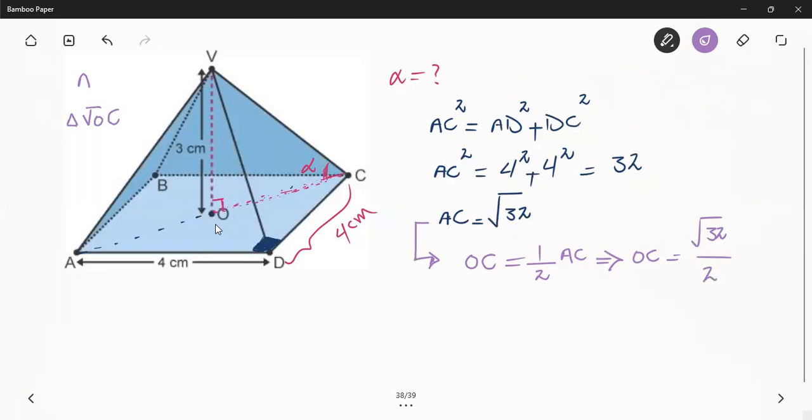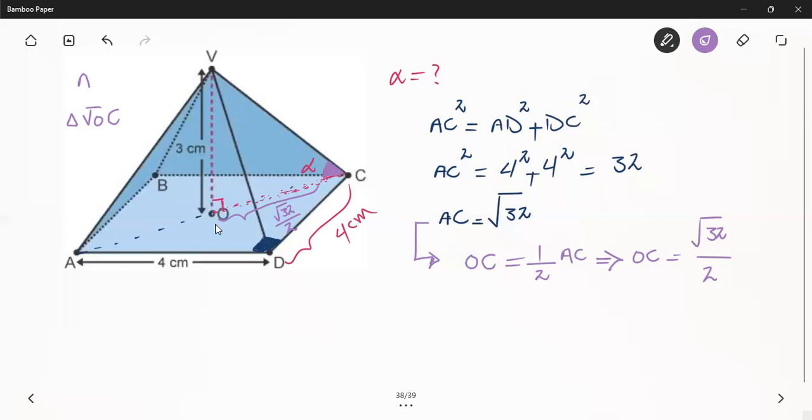Now we have this length, square root of 32 over 2, and we also have this length, which is 3. I mean, the length of VO is 3. We are looking for alpha. We can see that alpha is at this angle, and we have its opposite and adjacent lengths.